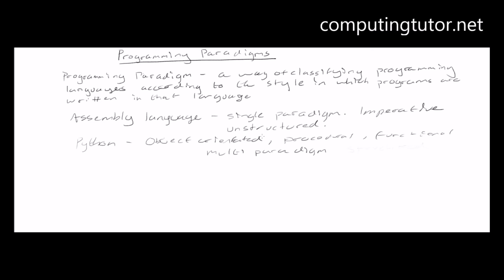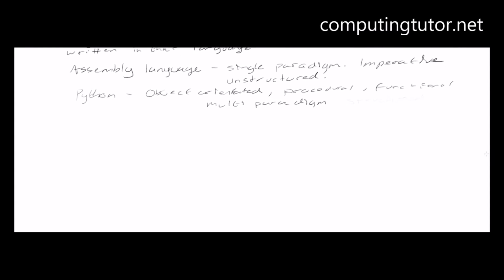What do I mean by all these different programming paradigms? Object-oriented, procedural, functional, imperative. Well, there's loads of different programming paradigms that you can write computer programs in. I could list some of them here.